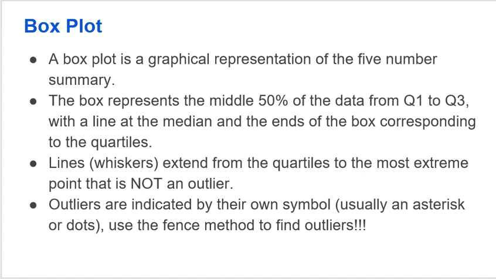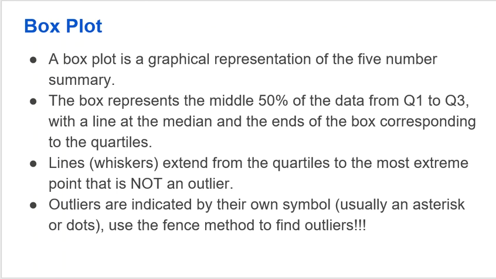A box plot is a great graphical representation of that 5-number summary. The box represents the middle 50%, Q1 to Q3. Hey, that's the IQR. And we put a line where the median falls, inside that box. Then we make lines, which people typically call whiskers, that go out to the extreme values.